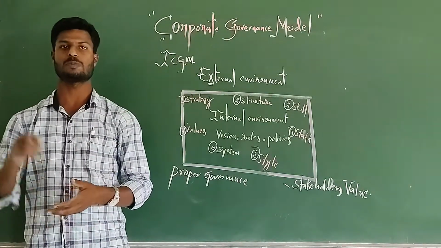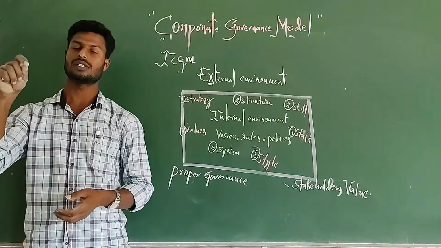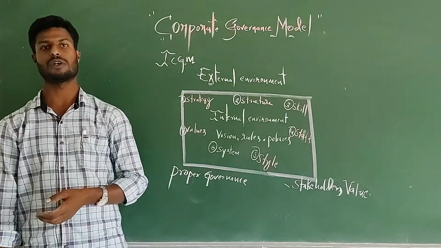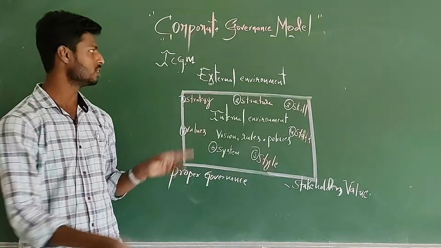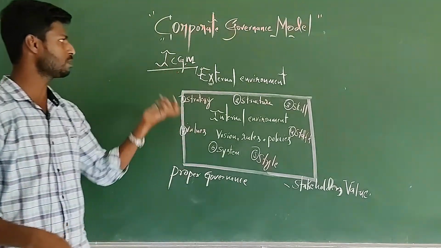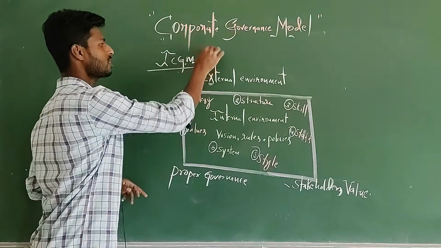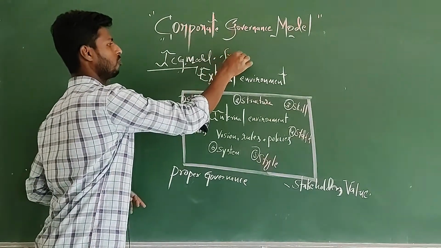Good corporate governance plays a very unique, very important role in growth and development of each and every business organization. So this is the most accepted Indian corporate governance model. Model means the framework.